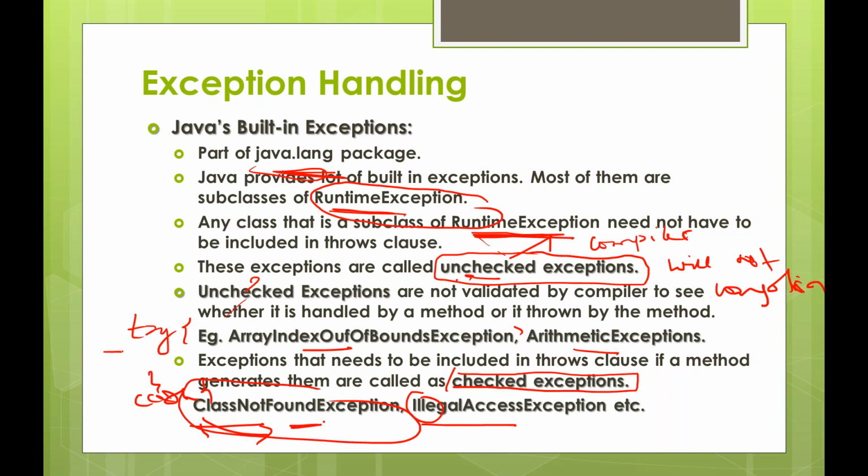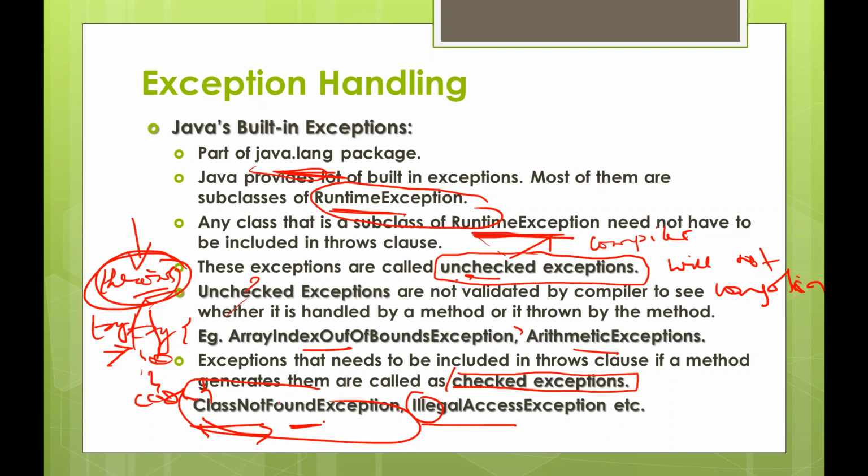This particular piece of code is generating ClassNotFoundException. You have to catch it, or you can throw it using the throws clause. It says either you catch that using a try catch block, or you throw it using your throws clause to some other person who is calling that particular method.